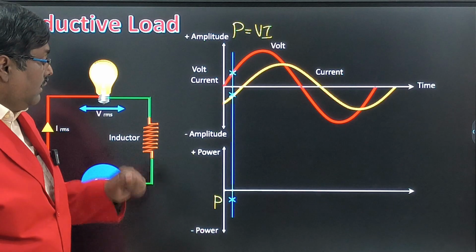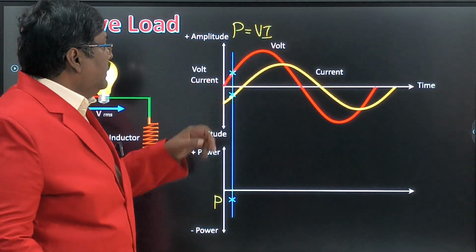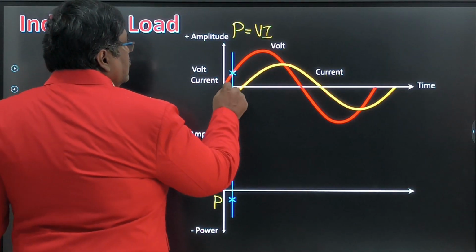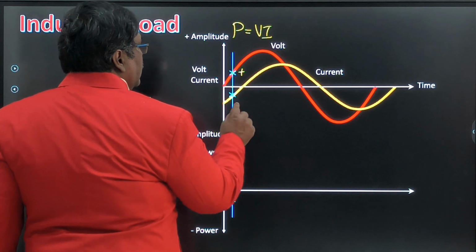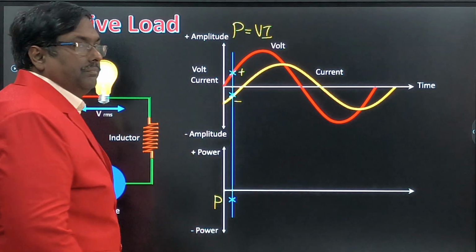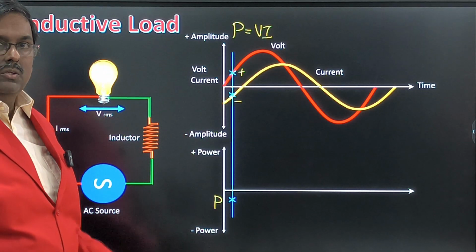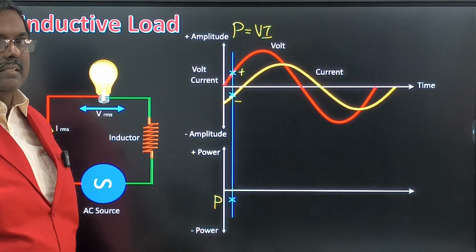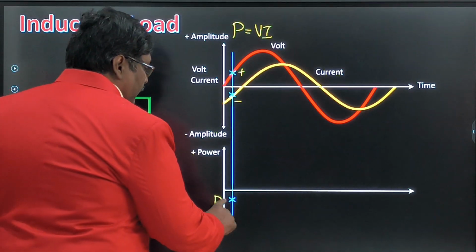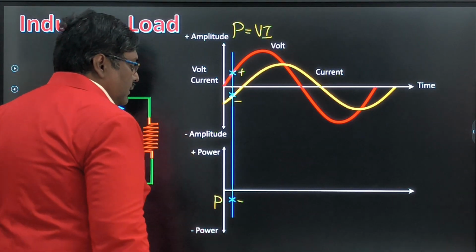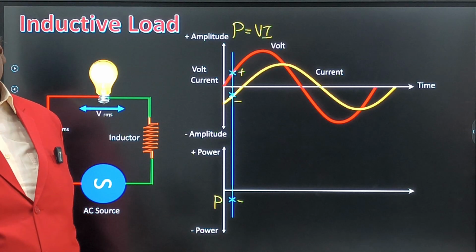But here is the problem: here voltage is plus and current is minus. So minus into plus, the value will become minus, right? So the power will be in the minus.